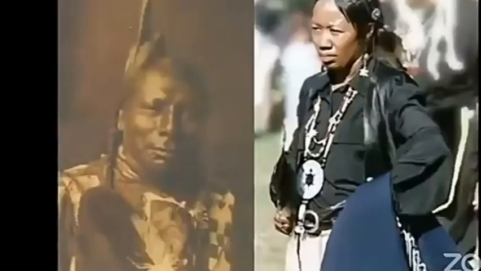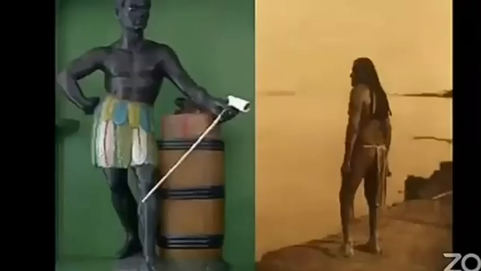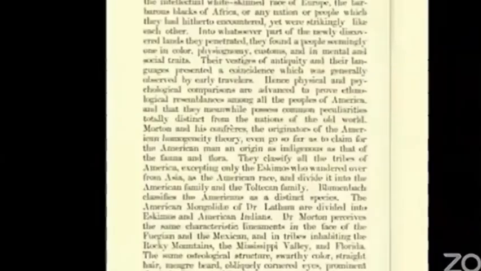Morton, in his conference, the originator of the American homogeneity theory, even goes so far as to claim for the American man an origin as indigenous as that of the fauna and flora. So they're saying the Native Americans are very, very ancient. They go back even to the fauna and flora, the species that were aboriginal to the land, the plant life and the animals.